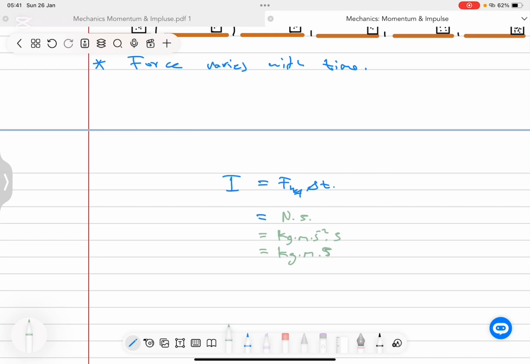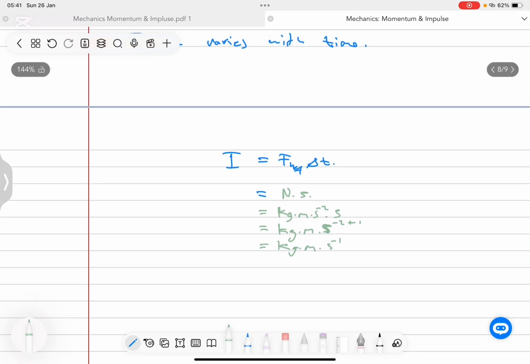I'll keep the base from my laws of exponents, and then I'll add the exponents. Remember, there is an invisible 1 here. So now I have minus 2 plus 1. And this will give me an SI unit of kilogram meters per second.